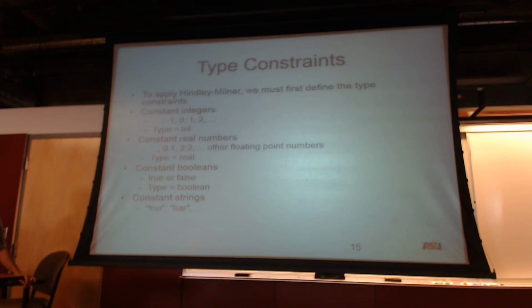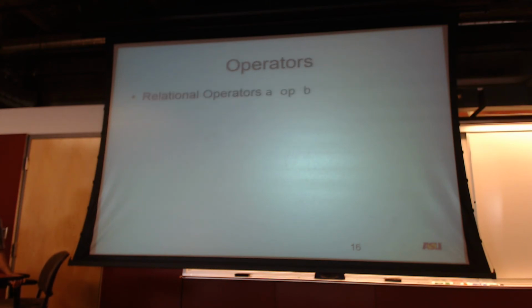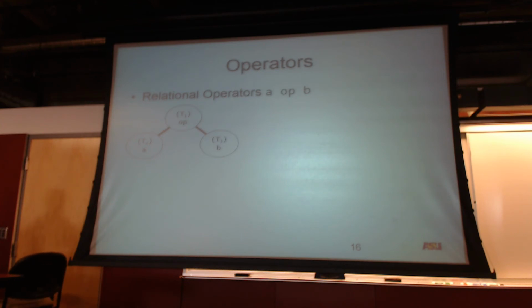Then strings, foo, bar, will have to have the type string. Then we have certain constraints on operators. So we define something called relational operators, A OP B, right? If we have A OP B, it will be represented like this.